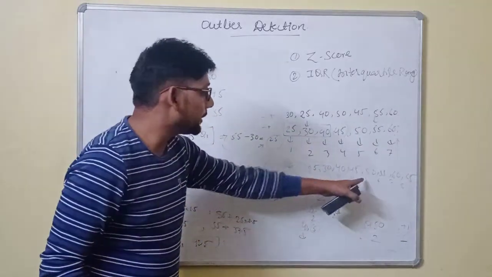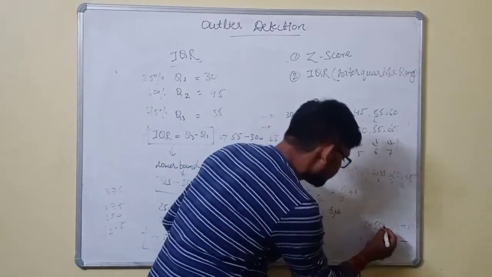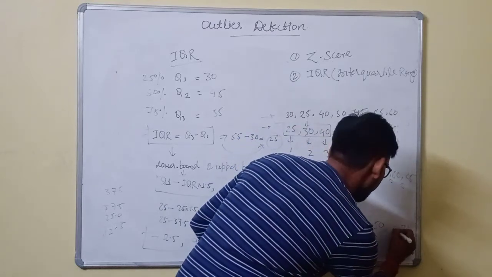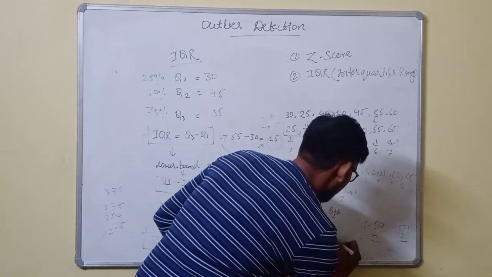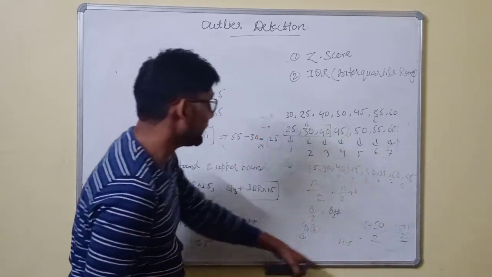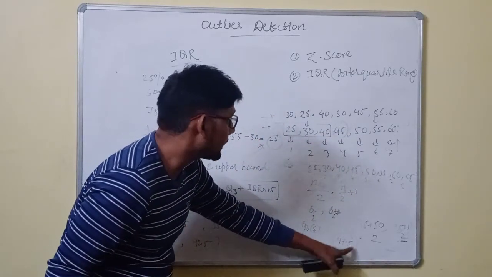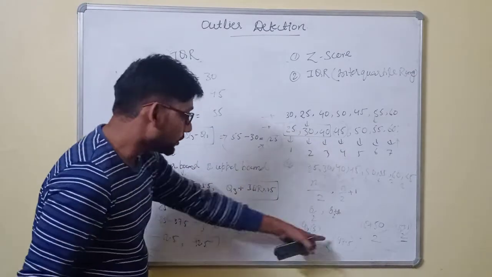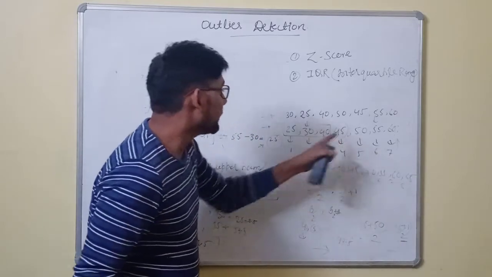So in this example it's 45 and 50, 95 by 2, which is 47.5. That would be your median point. It means the person having 47.5 marks would be at the 50th percentile, right? So this is how we calculate the median point.